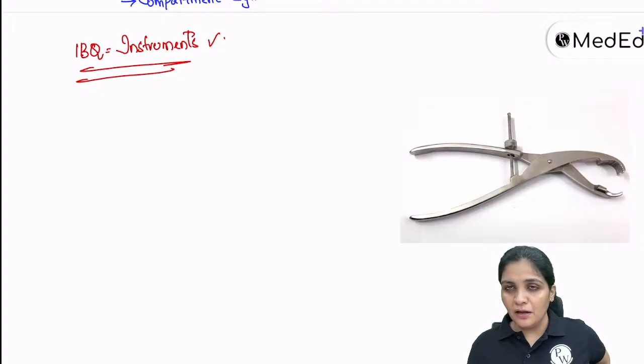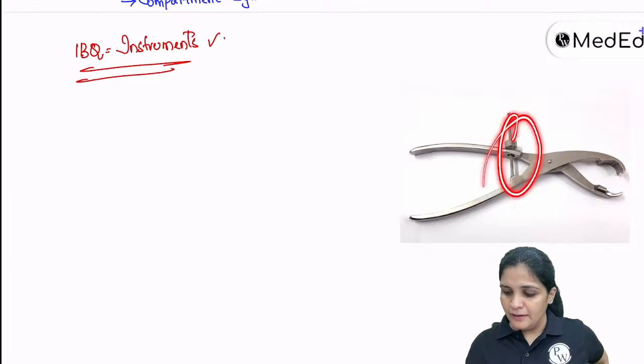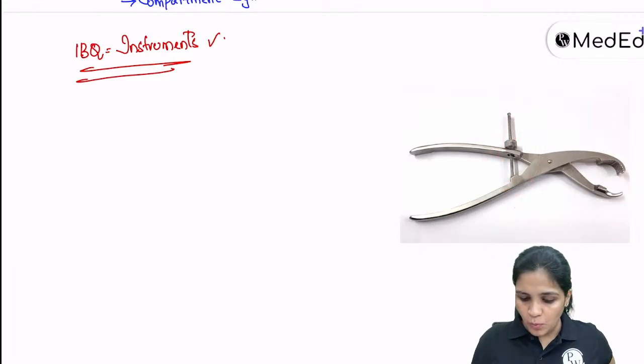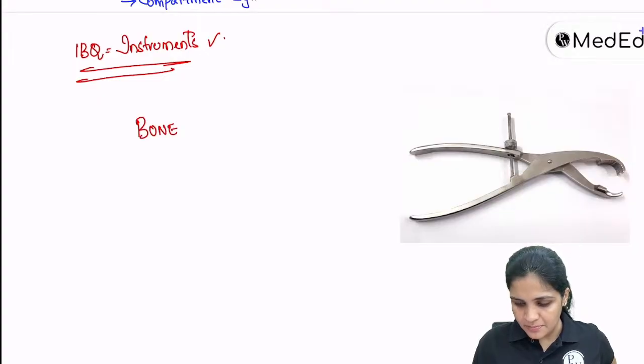So you can see a clamp like thing. So this is the clamp. So this is a bone holding forceps.